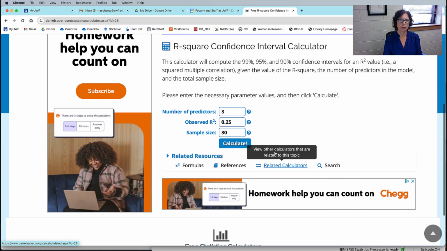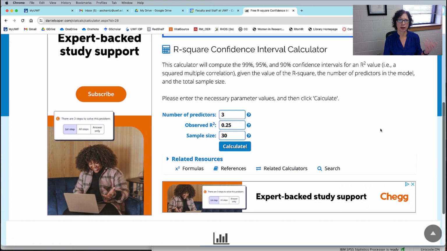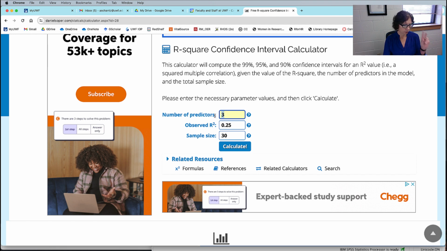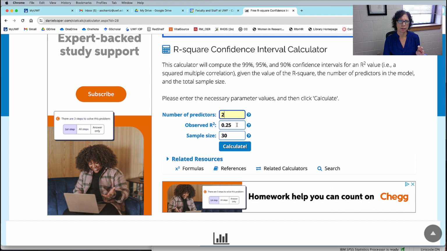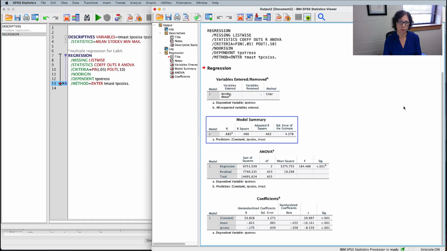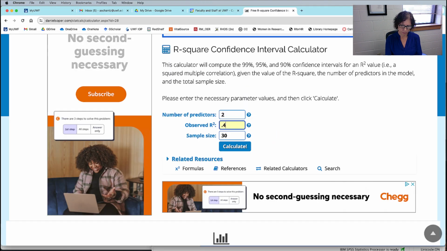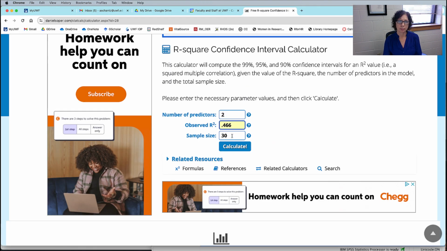And in here, we need to give some information. How many predictors? 2. We had total mastery and total perceptions of perceived control. And then the observed R-squared, that's the one in our output, the 0.466. And then the sample size.